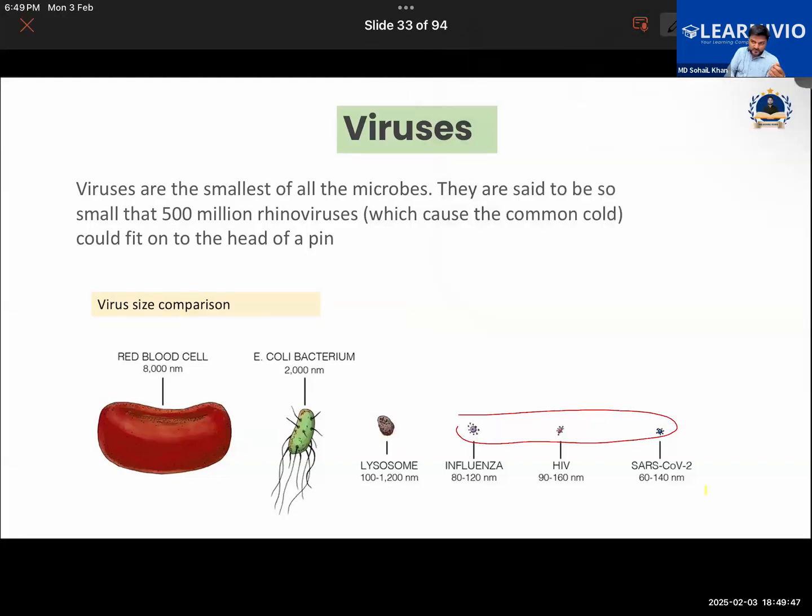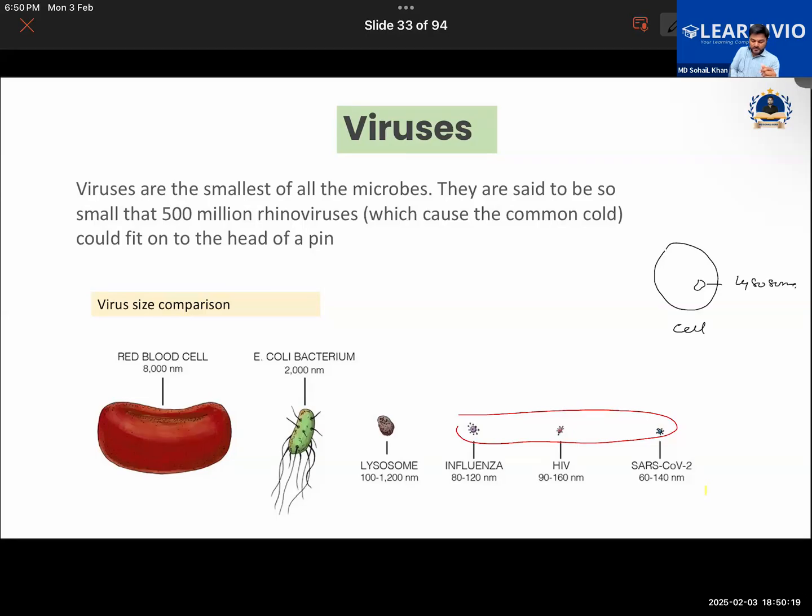Those of you who have learned the cell and its different parts will find that inside the cell we have structures called lysosomes, which are very small things. So viruses are even smaller than a part of a cell. Here you have the E. coli bacteria, and right next to this you have the red blood cells. So viruses are very small in size.